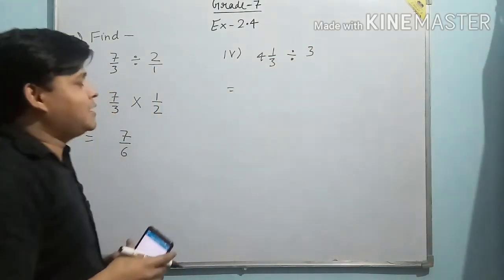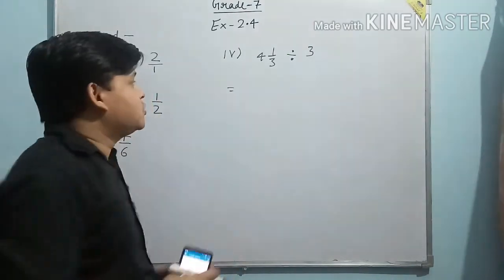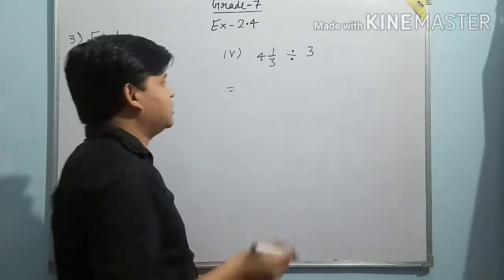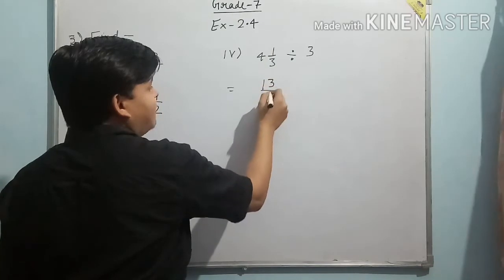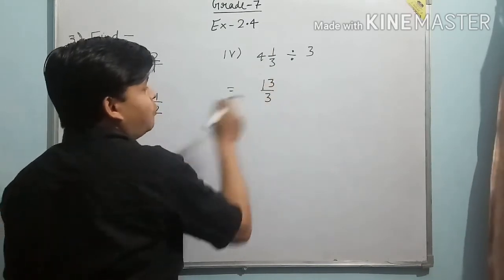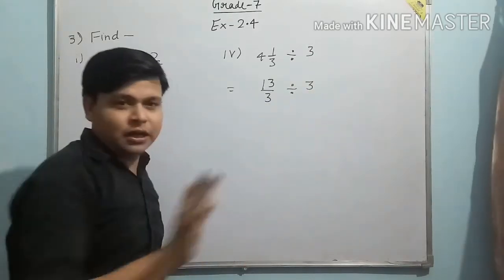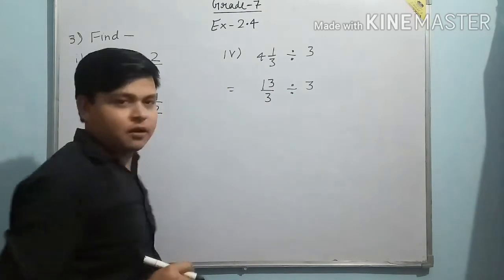As I always tell you, whenever you see a mixed number, convert it into an improper fraction. So 3 times 4 is 12, plus 1 is 13. So first of all, I have just written this mixed fraction as an improper fraction.